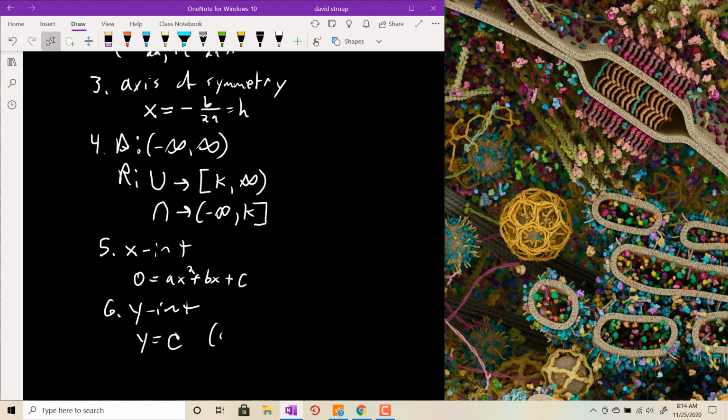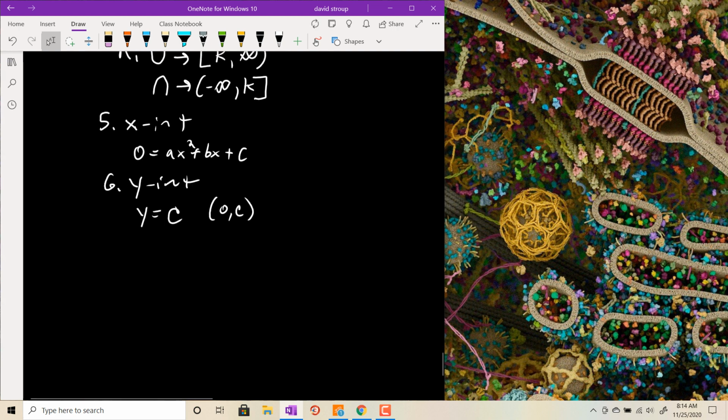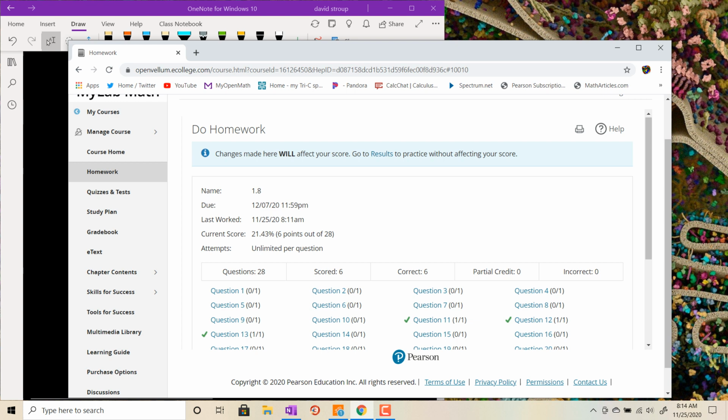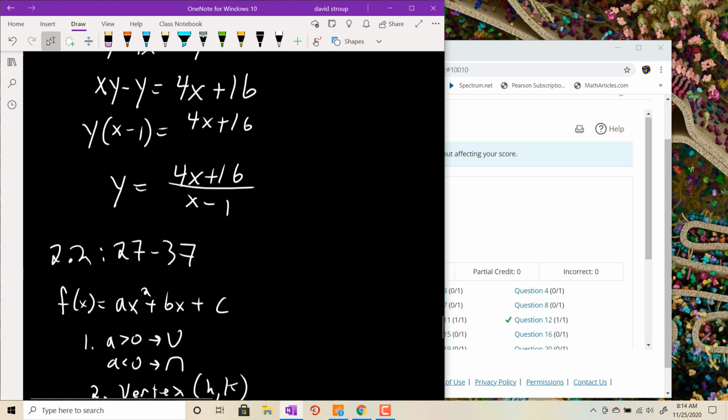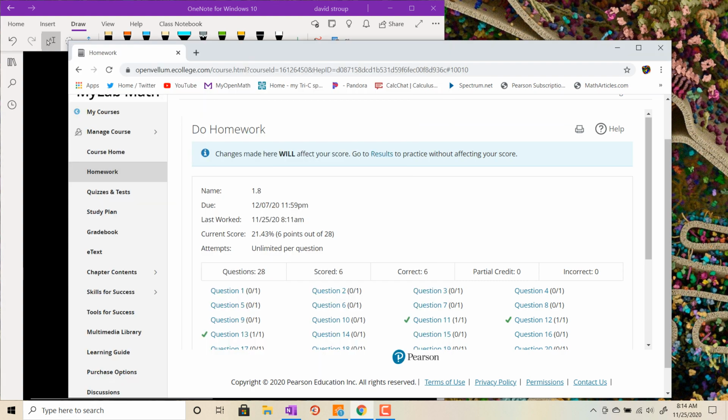So the y-intercept is always just 0 comma c. I think that was all we are always asked to do for these problems. Let's go into my math lab and see how those problems go. So this is now section 2.2, problems like 27 to 37. Let's go in there and take a look.